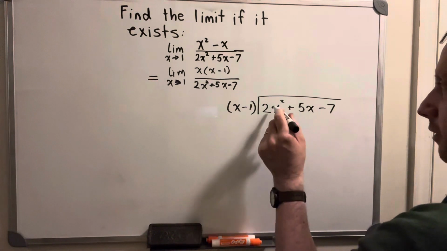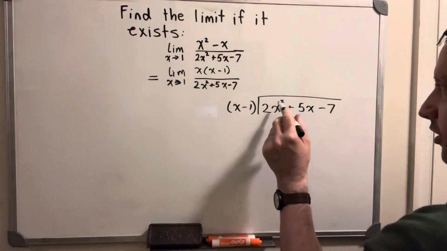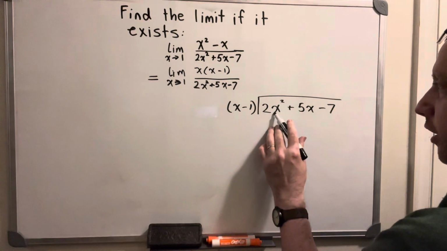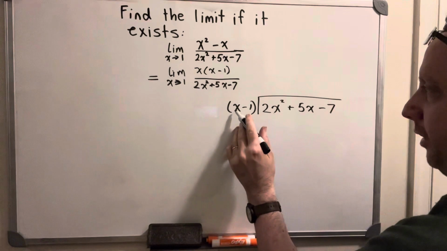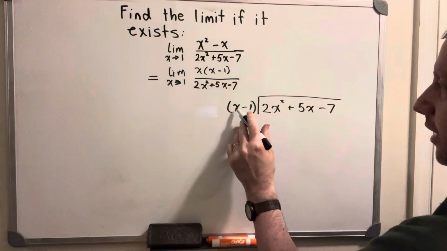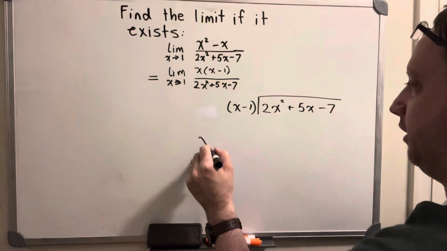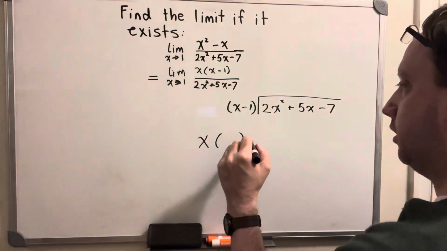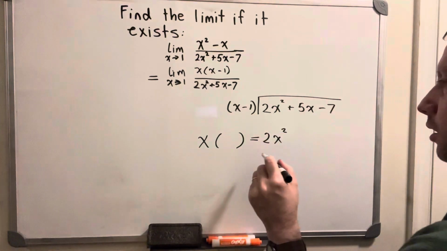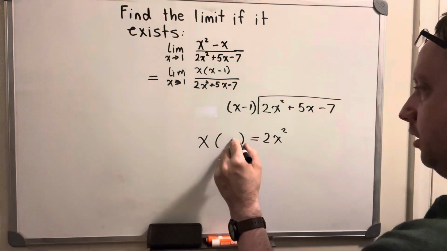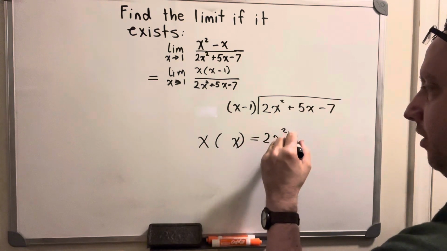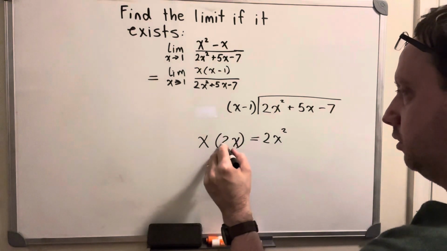The way to do this is you first look at the leading term with the highest order. This is 2x squared. And then you compare it to the leading term of this one, x. So I say to myself, x times what equals 2x squared? Well, there's going to be an x in there because x times x is x squared, and I need a 2.